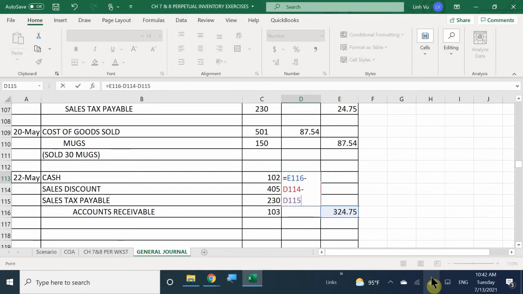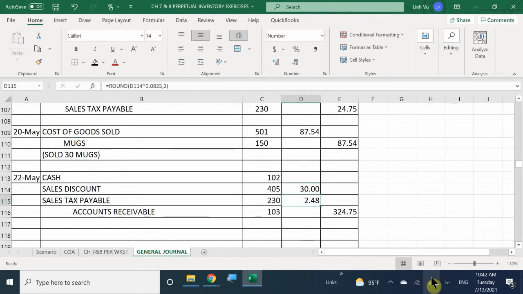And the tax was calculated on the 324.75, correct? The sales tax was calculated out of the 324.75 originally. The purchase of it was 300, right? The tax was $24.75. But in this case, I did not sell to him $300.